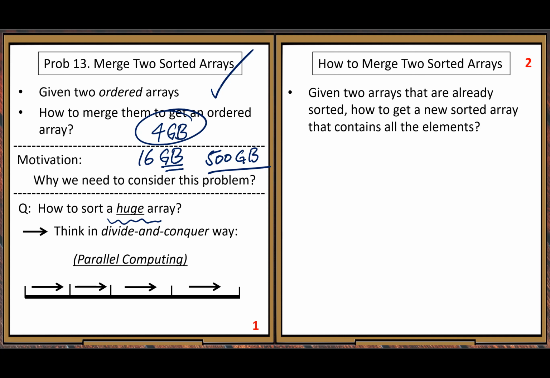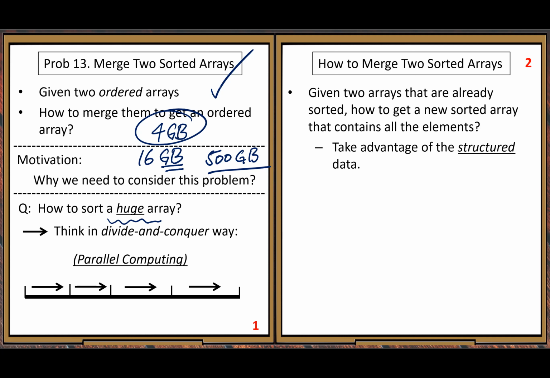Given two arrays that are already sorted, how to get a new sorted array that contains all the elements. Let's work on this new problem. But when we work on it, we do not want to start from scratch.